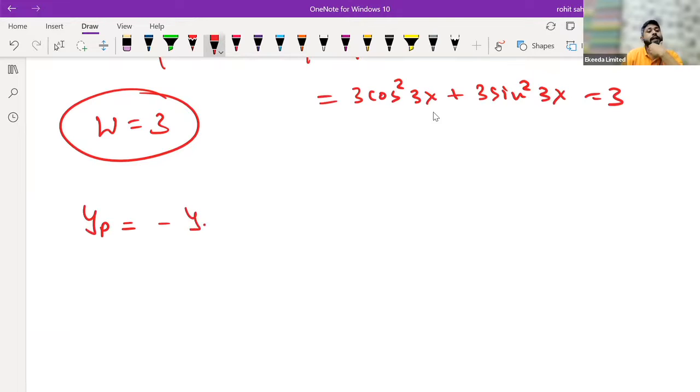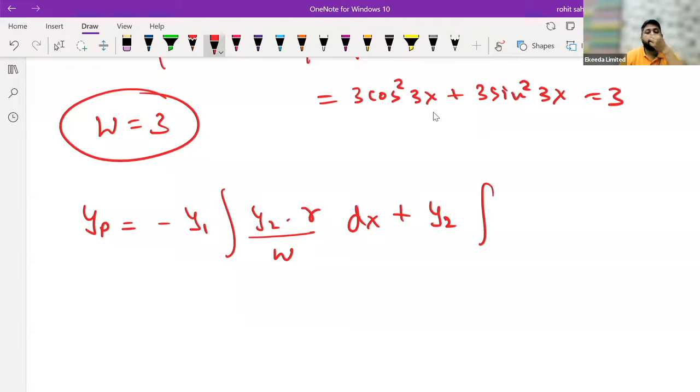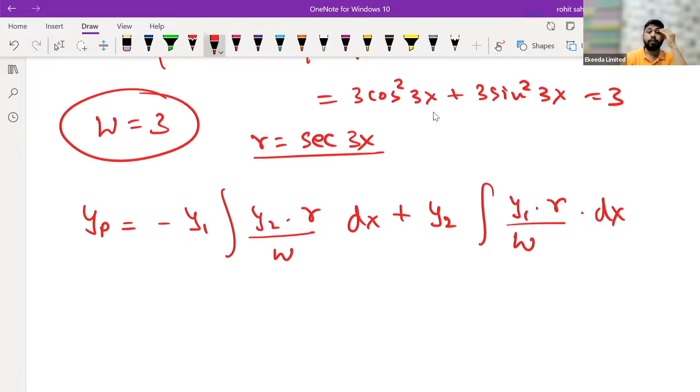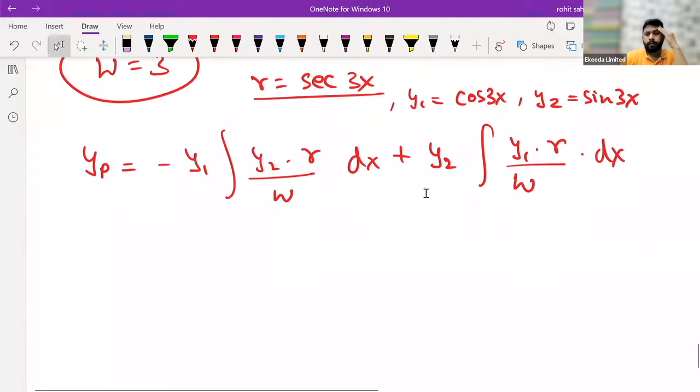This expression is minus y1 integration of y2 times r divided by W dx, plus y2 integration of y1 times r divided by W dx. r(x) क्या था, r was sec 3x, और y1 y2 अपने पास हैं, y1 was cos 3x. अब आपने y1 y2 डिसाइड कर लिया, तो अब चेंज मत करना, ऐसा नहीं कि आधे रास्ते में आकर हाँ सर ने बोला था कुछ भी ले सकते हैं तो ले लिया. You have already decided which is y1 and which is y2.